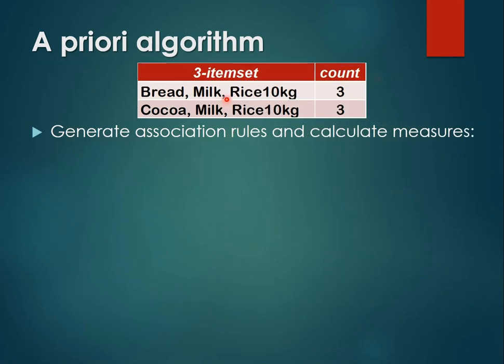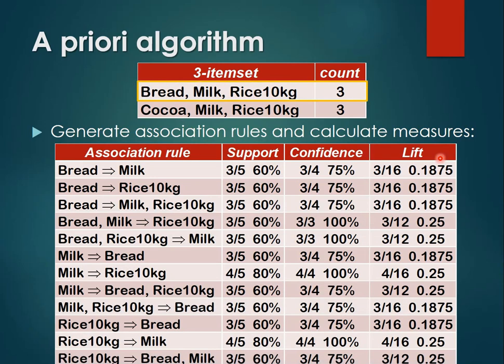So based on our frequent 3-item sets, bread, milk, rice 10 kg, and cocoa, milk, rice 10 kg, we're going to generate association rules and calculate the measures. I'm going to use only the first 3-item set, which is bread, milk, and rice 10 kg, and these are the possible rules.